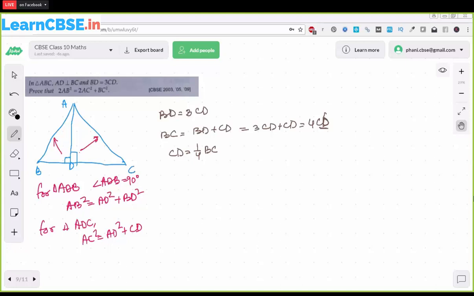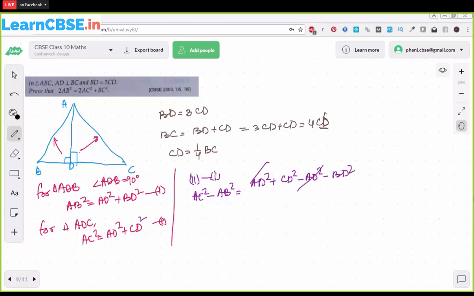Now, this is equation 1 and equation 2, and we are subtracting them. Equation 2 minus equation 1, we can write AC square minus AB square equals AD square plus CD square minus AD square minus BD square.